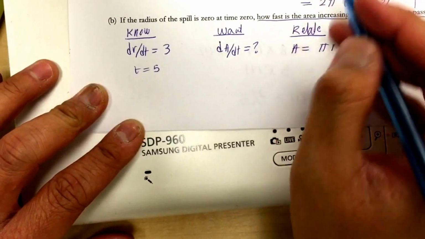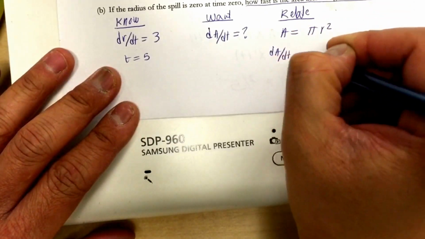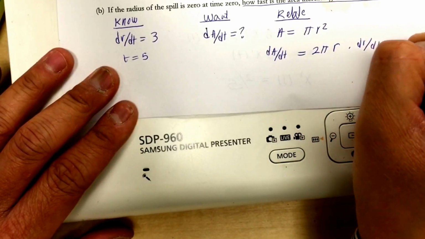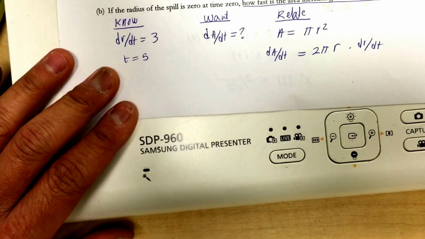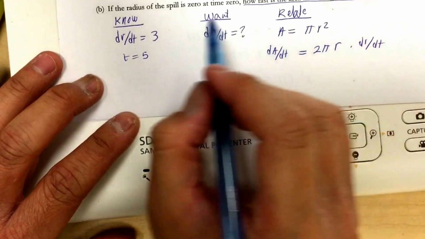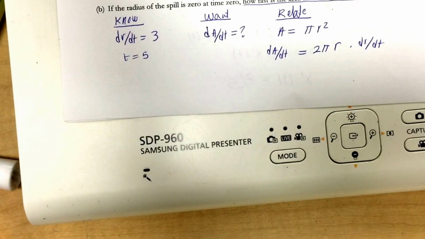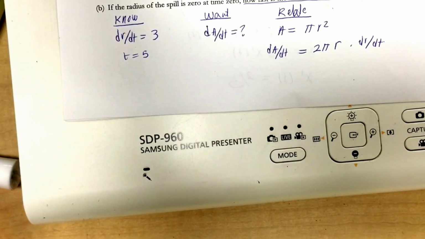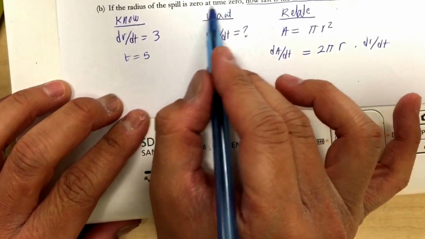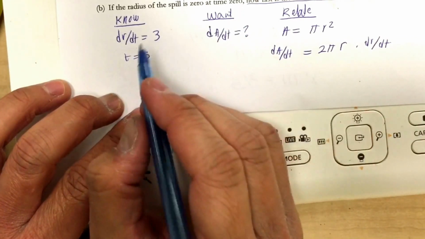From the previous problem, we know that the derivative is this. But what is r? Well, if we read the problem carefully, we know that at time equals 0, the radius is 0. 5 minutes later, guess what?